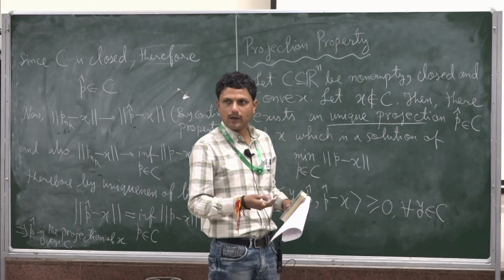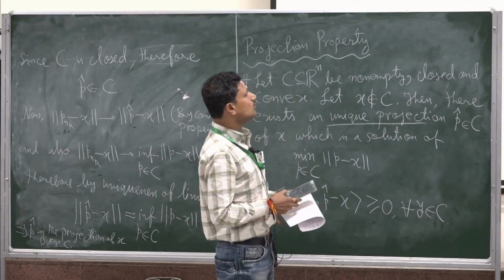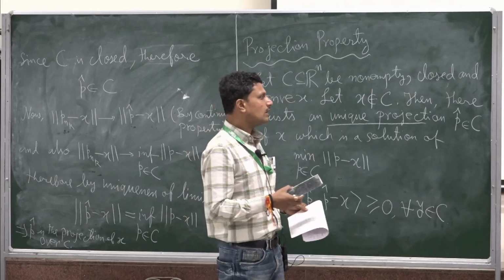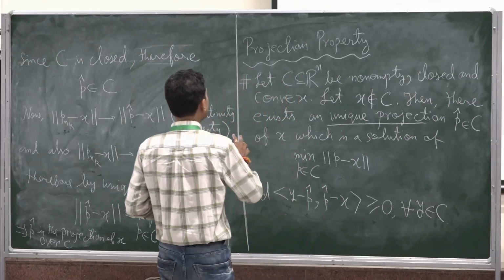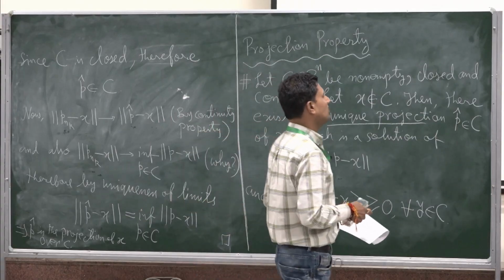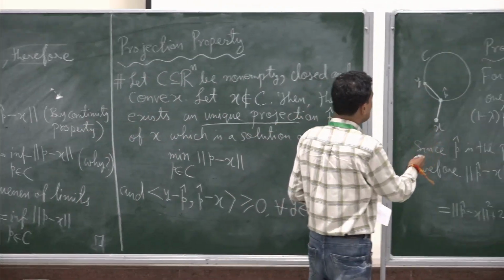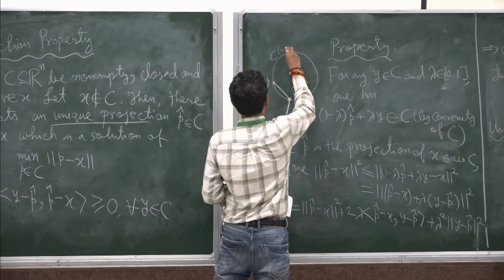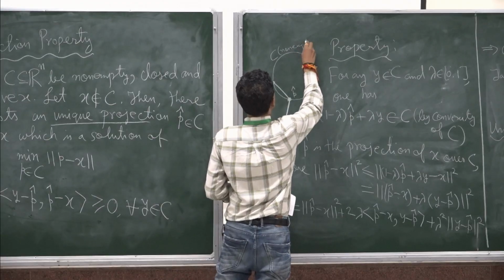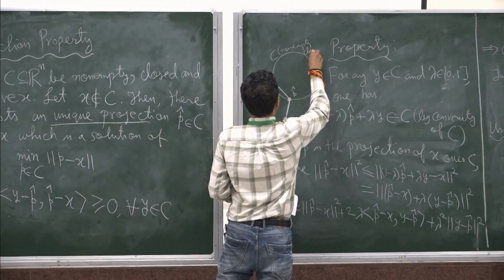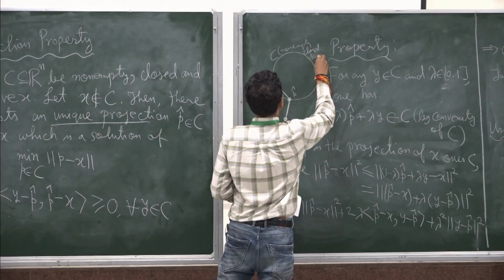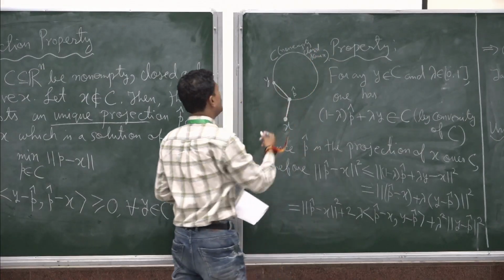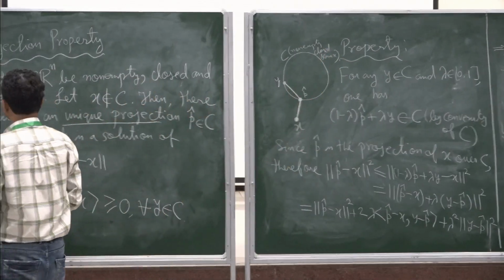That is the only way we have this uniqueness. So now with this projection property, we know that if a point is outside of the set and that set is non-empty, closed and convex, then we can find a projection on that set which is unique.